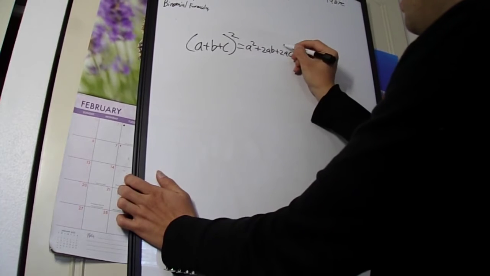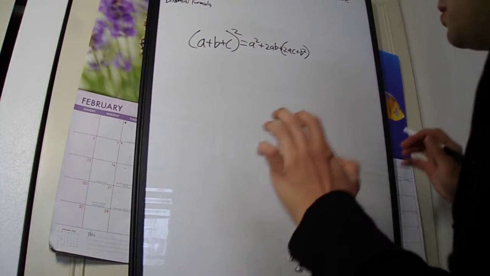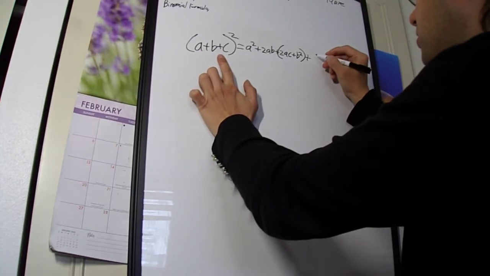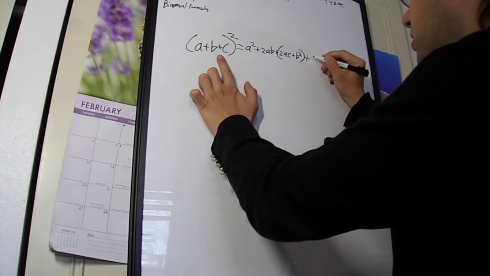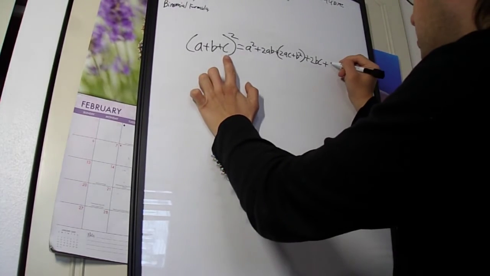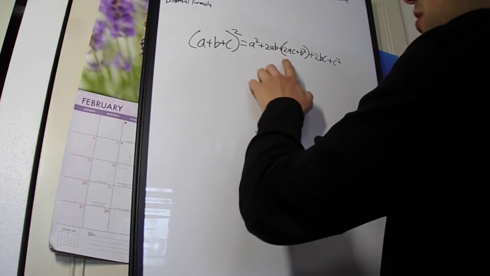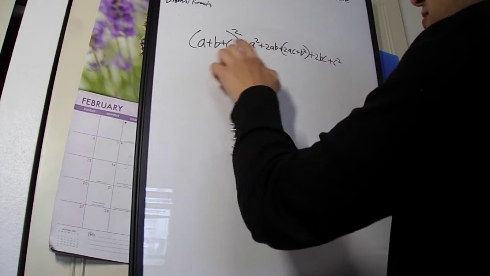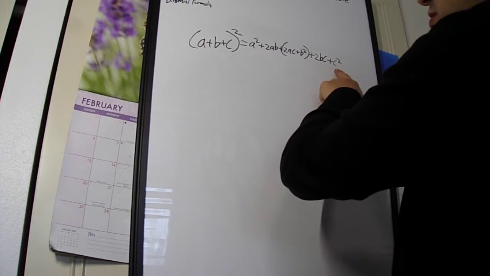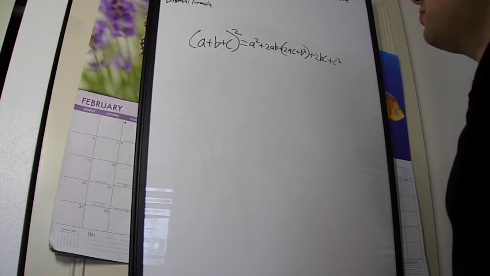Now I'm going to group these together because that's along the lines of how I think of it. It's still totally accurate. And plus 2bc plus c squared. Let's make sure I didn't make any mistakes. A squared, 2ab, 2ac, plus b squared, and plus 2bc plus c squared. Okay, now that is quite a mouthful.